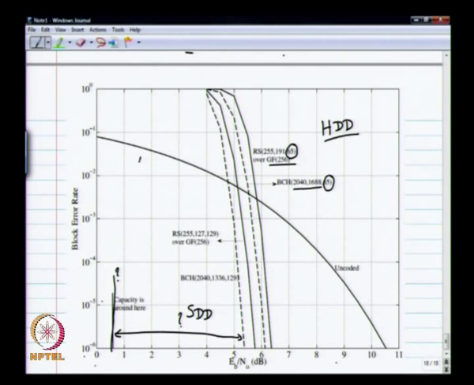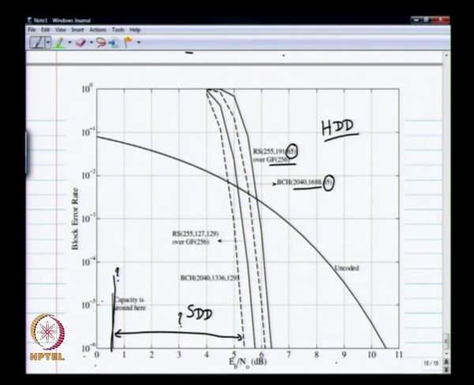Yeah, that will always happen for hard decision decoders. I'm sorry? That's because the sigma is higher because of the Eb by N naught equation. Yeah, hard decision decoders will have this problem. They'll always cross the uncoded curve somewhere. If you do soft decision, then you'll see it'll be slightly better. It will follow the uncoded curve and then it will come down like that.